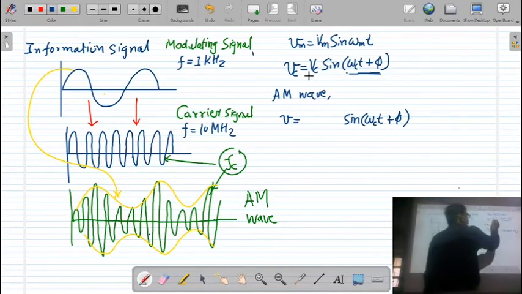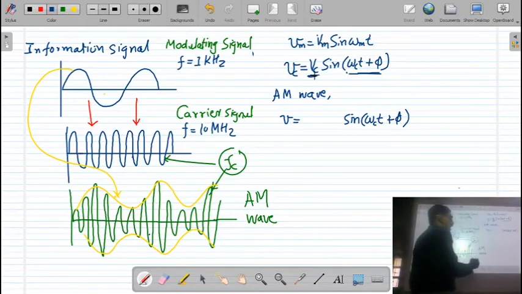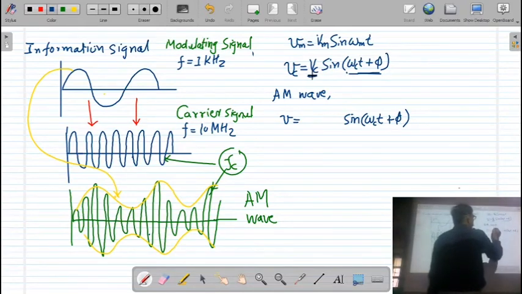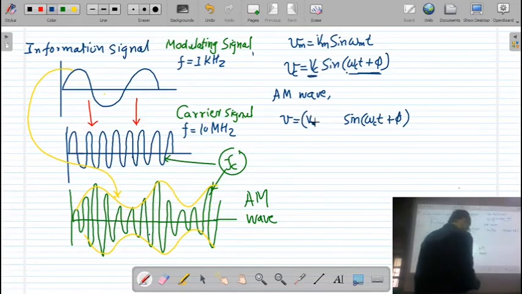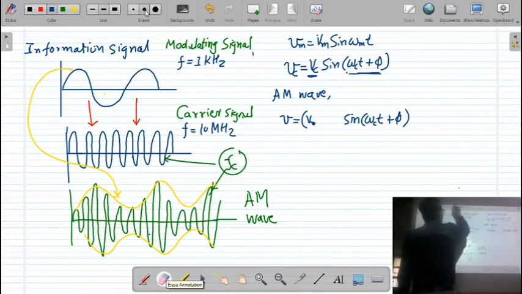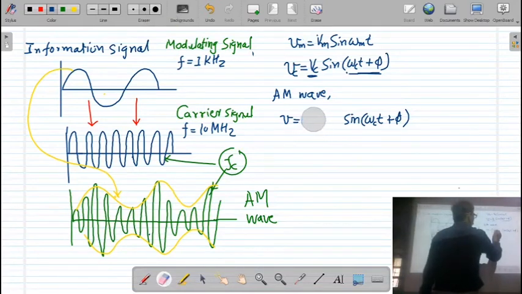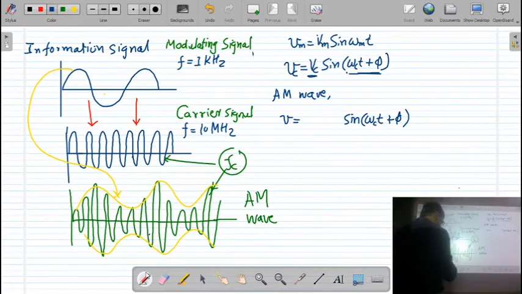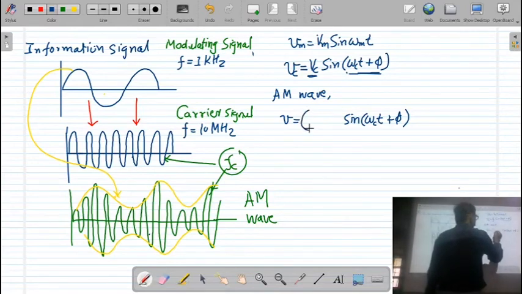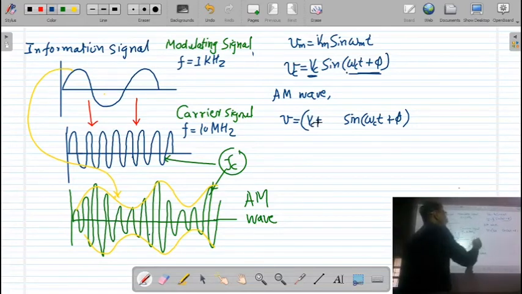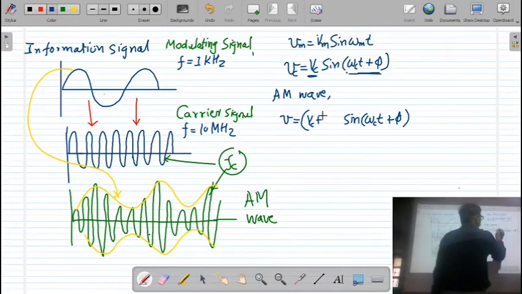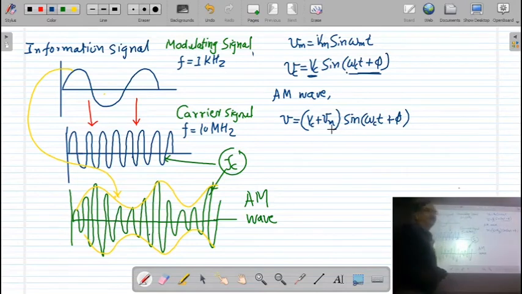But the amplitude is going to change. So the amplitude is the original amplitude of the carrier wave Vc plus a change according to how my modulating signal changes.